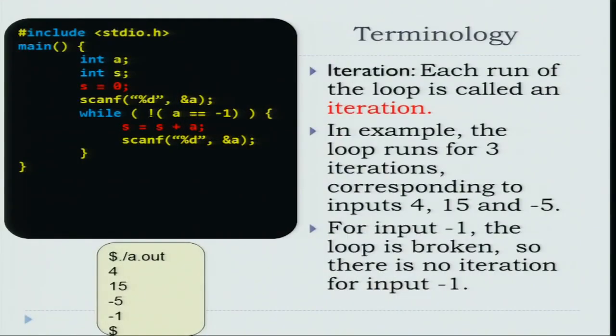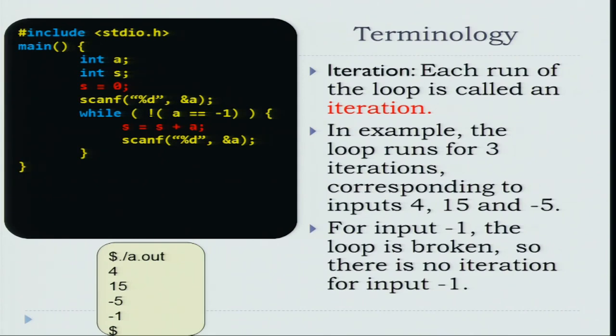We'll introduce a few terminology associated with the notion of a loop. Each execution of a loop is known as an iteration. So, in the above loop, when the input was 4, 15, minus 5, minus 1, the loop runs for 3 iterations corresponding to the inputs 4, 15 and minus 5.